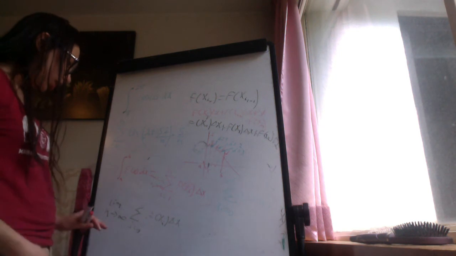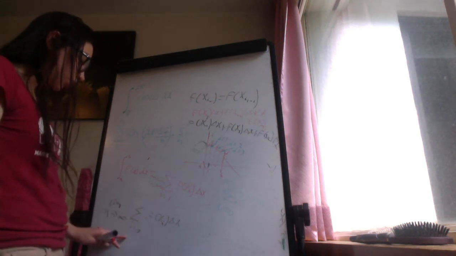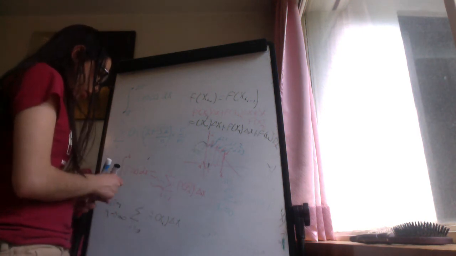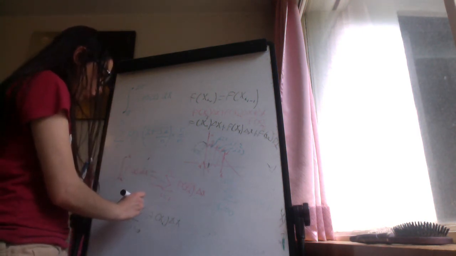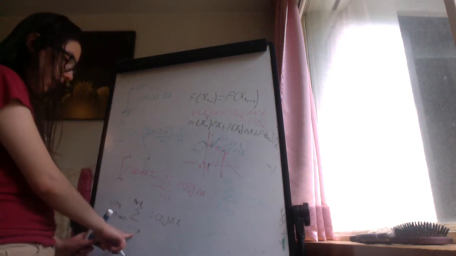We put the limit as n approaches infinity of the summation from i equals 0 to n minus 1 of f of x sub i, beginning as i sub 0.